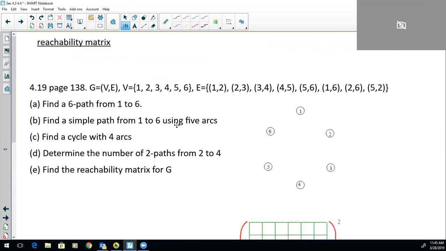One more topic in this section, that's the notion of reachability matrix.